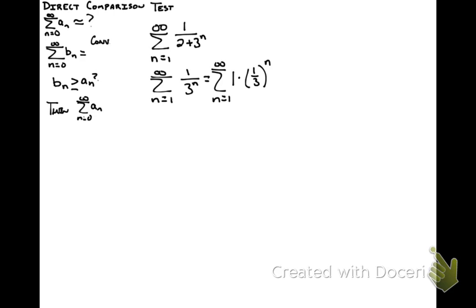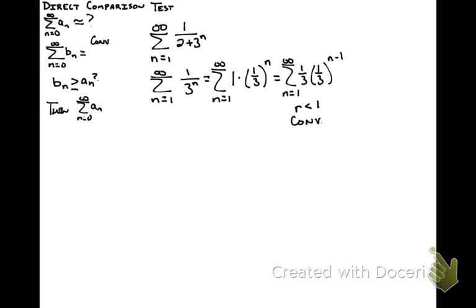Or if we want it in better form that you're used to seeing, this is also equivalent to 1/3 times 1/3 to the n minus 1. So this is a geometric series whose first term is 1/3 and whose common ratio is 1/3. R, in this case, is less than 1, so this geometric series converges.